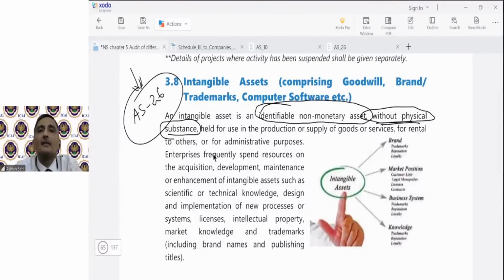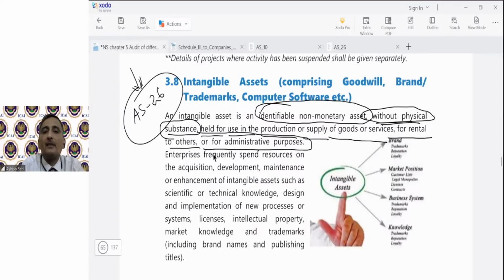So these are all examples of intangible items. Intangible items, like tangible items, are also held for use in the production or supply of goods or services, or for rental to others, or for administrative purposes. So these are known as intangible assets.